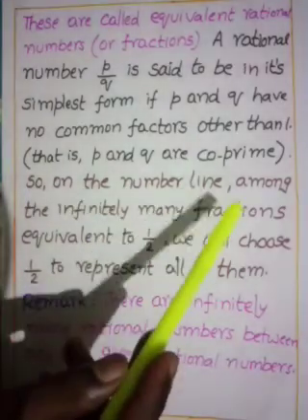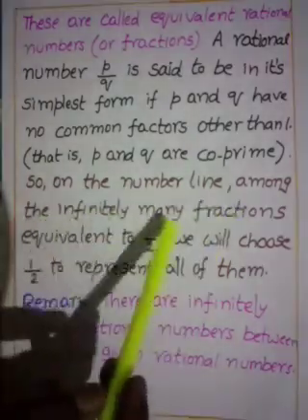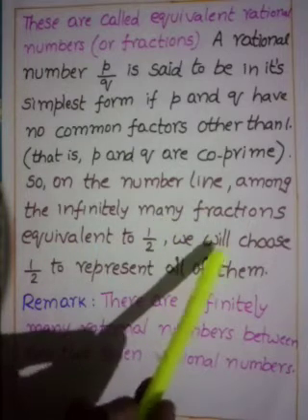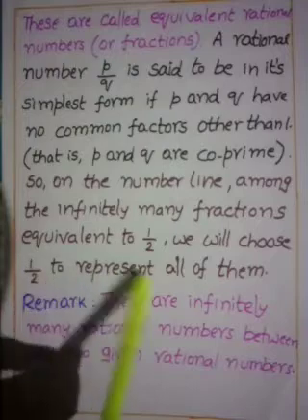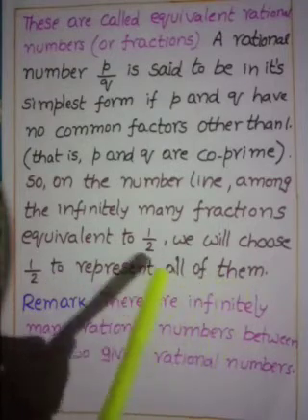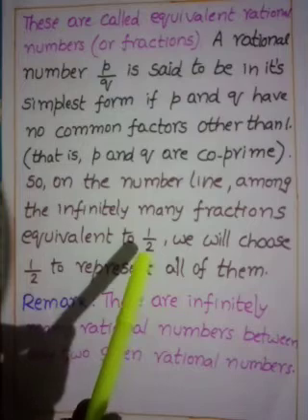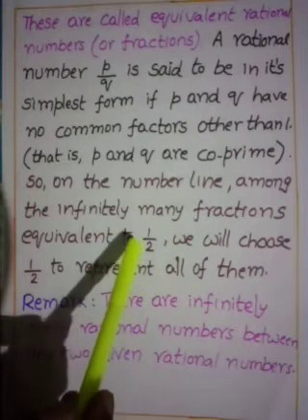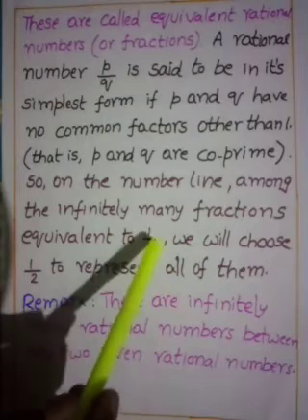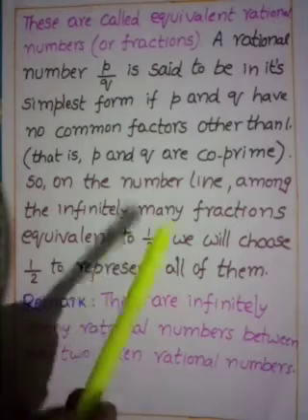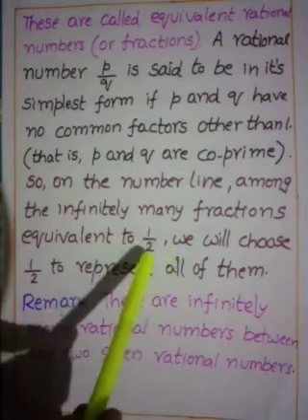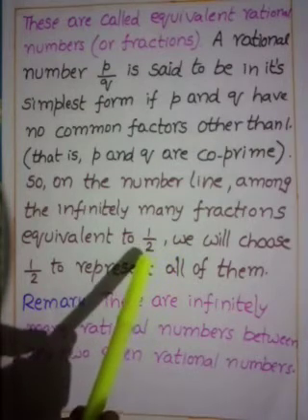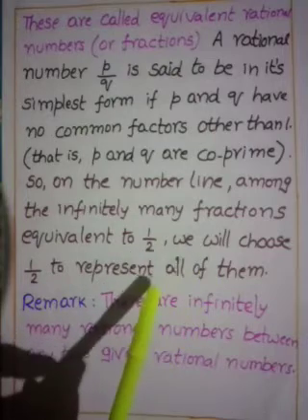On the number line, among infinitely many fractions equivalent to 1 by 2, we will choose 1 by 2 to represent all of them. Okay, my children, in the example, there are so many equivalent fractions which are equal to 1 by 2. This is the simplest form of all those rational numbers, so we choose this number only to represent it on the number line.